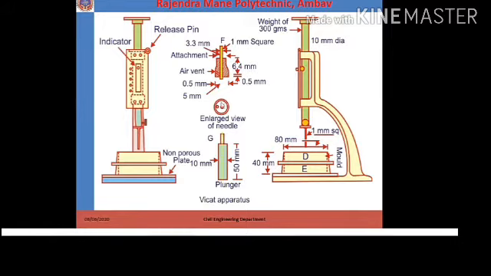In enlarged view, the needle looks like this: the outer ring is there, and at the center the needle projects about 0.5 mm. This attachment is used to find the initial and final setting time of the cement.